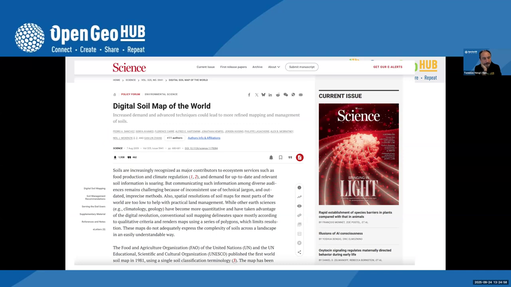About the same time, the GlobalSoilMap project was initiated, about 2008, 2009. As you see, this paper is from 2009. It was really an international coalition, led by Pedro Sanchez, and they wanted 100-meter resolution soil property maps of the world.